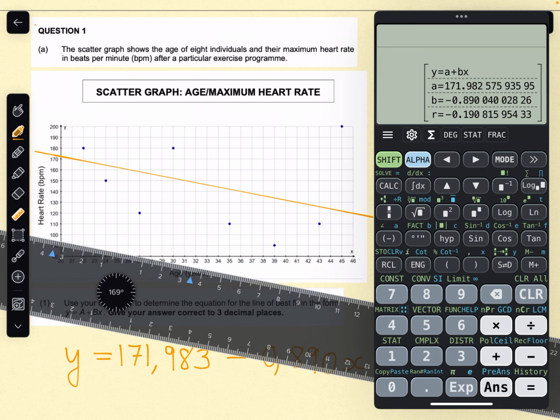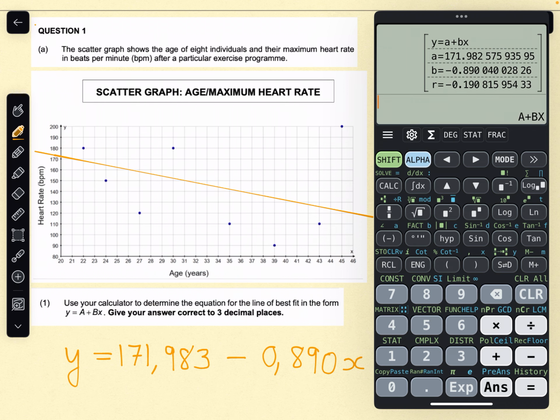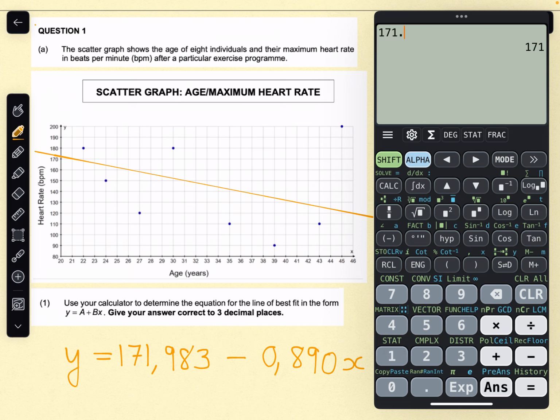Okay, let's just see some calculations. If I say 171.983 minus 0.89 times, let's pick this guy, age 35, we're expecting our answer to be somewhere close to 110.